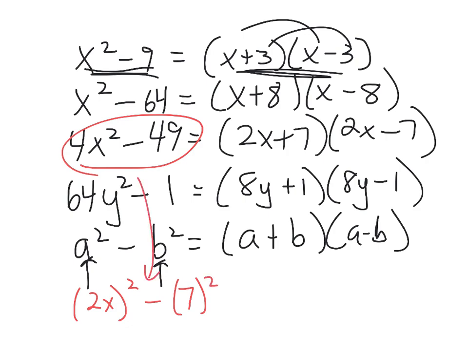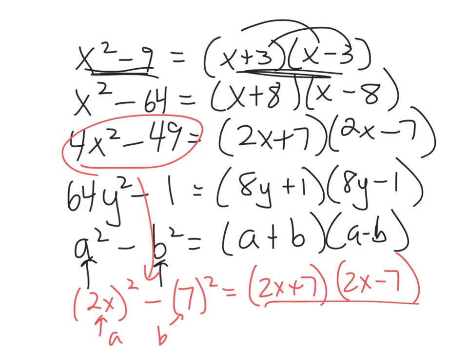Okay, so that's the example there. All right, so those are the two terms. So once you know term A and term B, if we want to call it that, we know what to put in here: term A plus term B, and then term A, which is 2x, minus term B, which is 7. And there's my pattern.